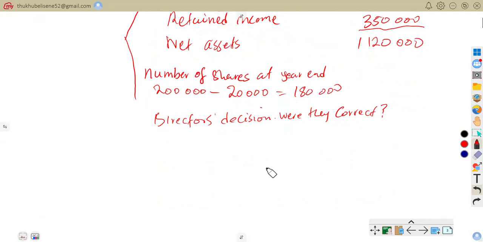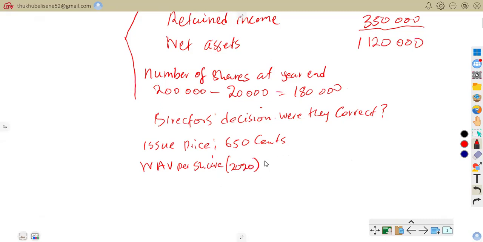Remember, the issue price of the shares, we are told, is 650 cents. And the net asset value per share in 2020 is how much? 622 cents.